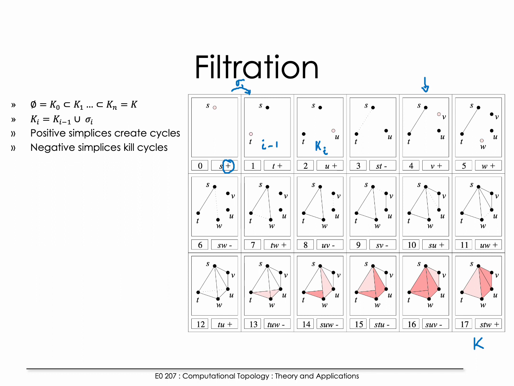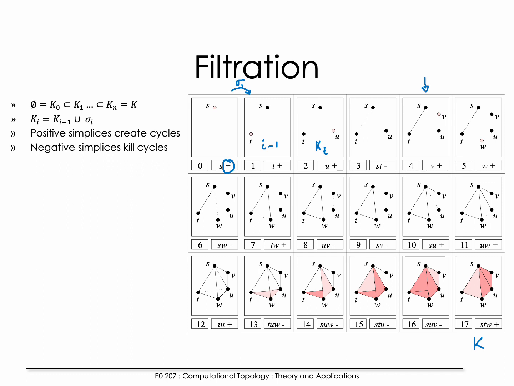Next, the edge UV is negative. It reduces Betti sub 0. The edge SV is also negative. Next, the edge SU creates a cycle. It creates a one cycle, so hence it is positive. Next, the edge UW again is positive.